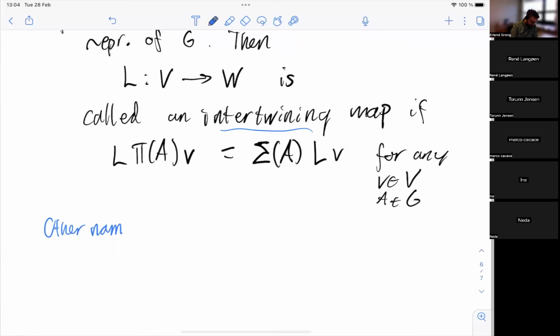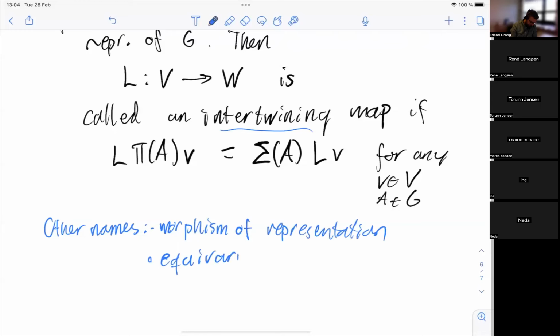Other names: morphism of representations, or an equivariant map. So these are all used. Personally, I don't think intertwining is the most popular. Equivariant map is the most used in the literature, I would say.